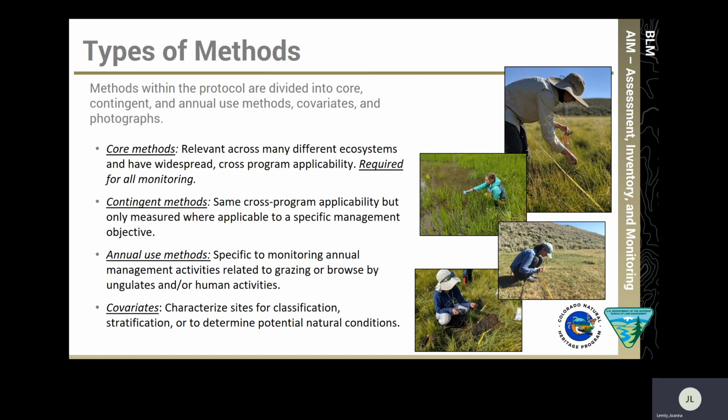Contingent methods have the same cross-program applicability, but are only measured where applicable to specific management objectives. Annual use methods are specific to monitoring annual use management activities related to grazing or browse by ungulates and/or human activities. And covariates are measures that characterize the site for classification, stratification, or to determine potential natural conditions.